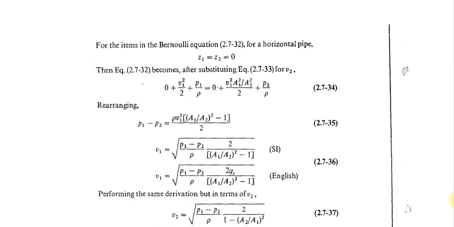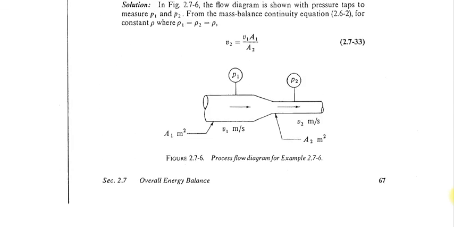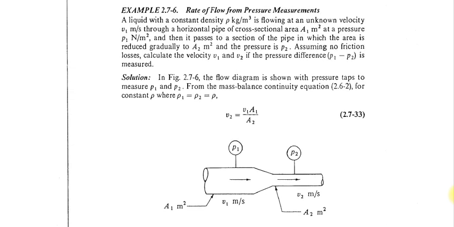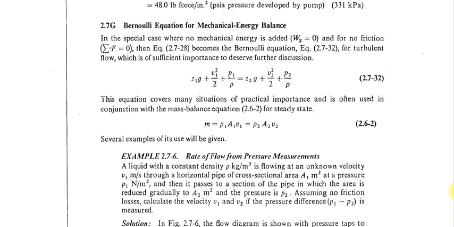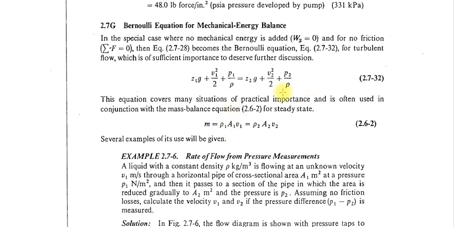So basically in this problem we are calculating the flow rate from pressure measurement. This equation is basically used in this problem. Here you have the Bernoulli equation. So we are solving some problems using the Bernoulli equation. Basically these are the derivations in special cases.